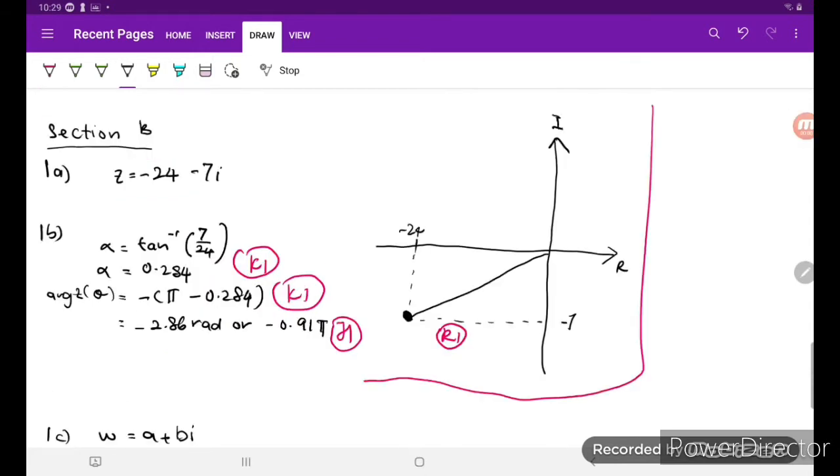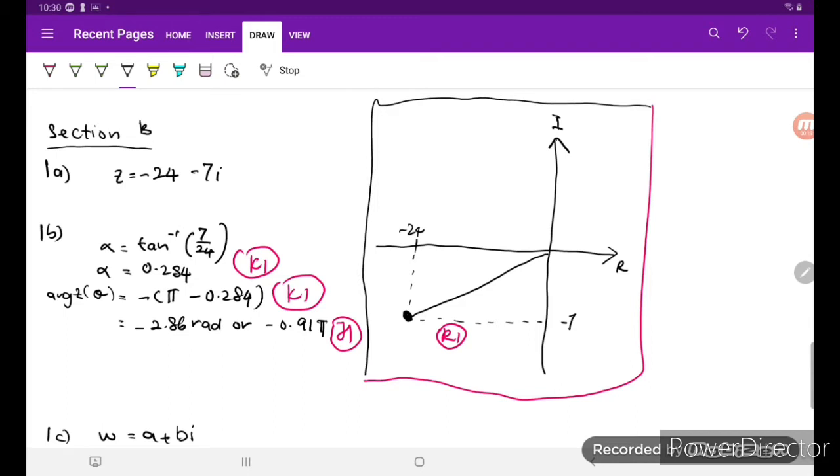Now we go to section B, 1A. We want to sketch the complex number z on an Argand diagram. So we have to sketch this diagram.